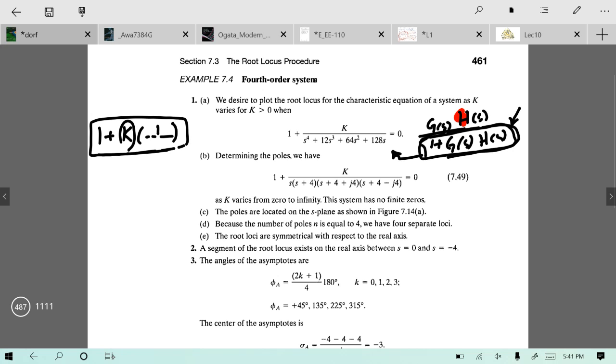So this is in fact a characteristic equation, 1 plus g of s into h of s, or simply 1 plus g of s. First of all, let's go to step two. Firstly, he has written your problem.